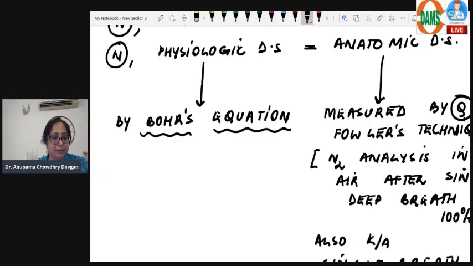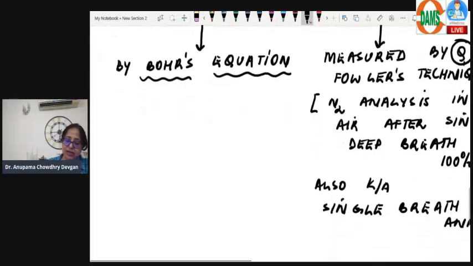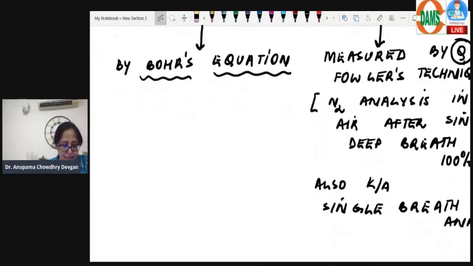Compare this with the nitrogen analysis when we take a single deep breath of 100% oxygen. Normally you're breathing room air, which has oxygen and nitrogen. Then you take one deep breath of 100% oxygen. What will come out? Nitrogen from the previous breath.